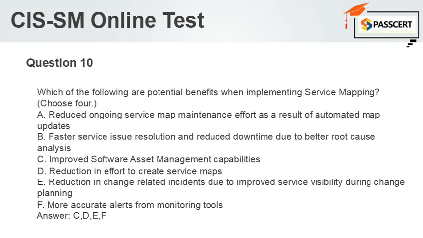C. Improved software asset management capabilities. D. Reduction in effort to create service maps. E. Reduction in change-related incidents due to improved service visibility during change planning. F. More accurate alerts from monitoring tools. Answer: C, D, E, F.